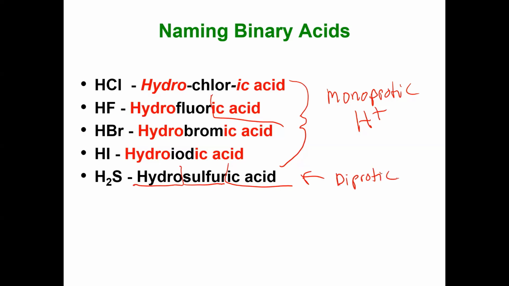It can release up to 2. That's pretty much binary acids. That's all we need to know for binary acids. 2 elements, one has to be a hydrogen, one is going to be a nonmetal. It's going to have a hydro prefix and an ic acid suffix. So for naming binary acids, we're pretty much done.